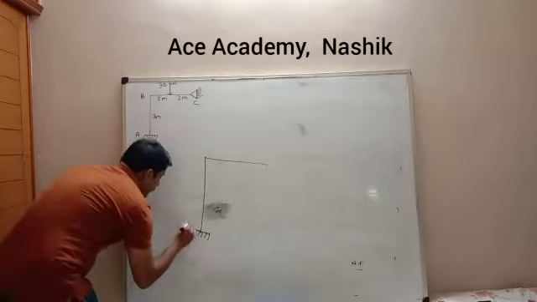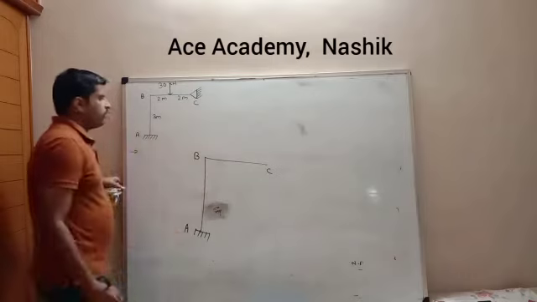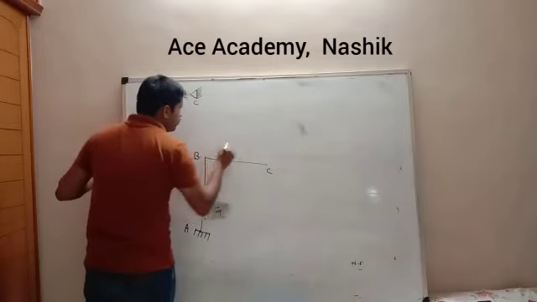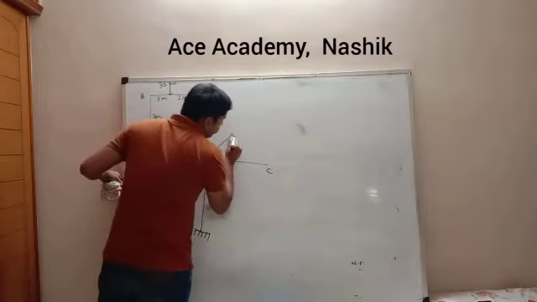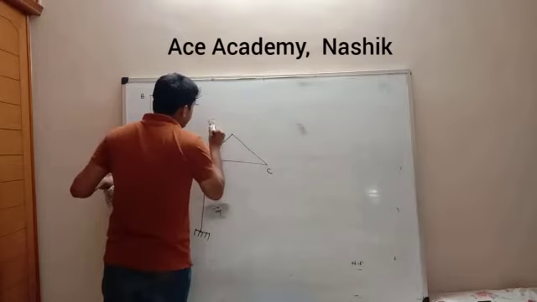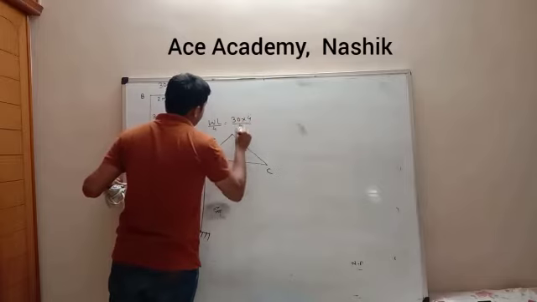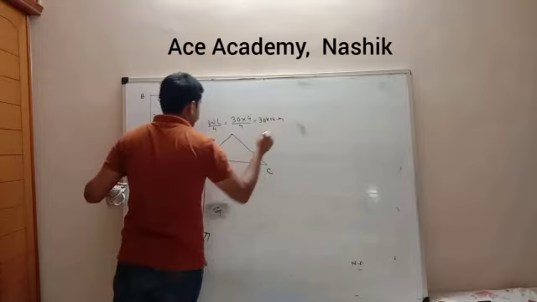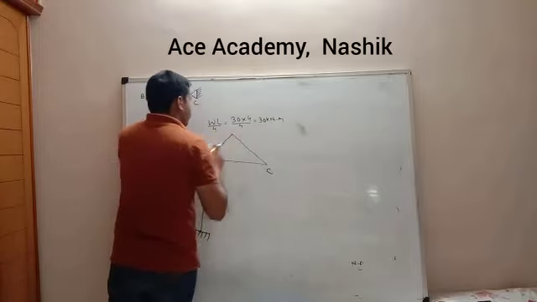So this is joint A, joint B and joint C. Now here is 30 kN center point load. From that we will get WL by 4, that is 30 into 4 divided by 4 is equal to 30 kilonewton meter. This is 30 kilonewton meter.